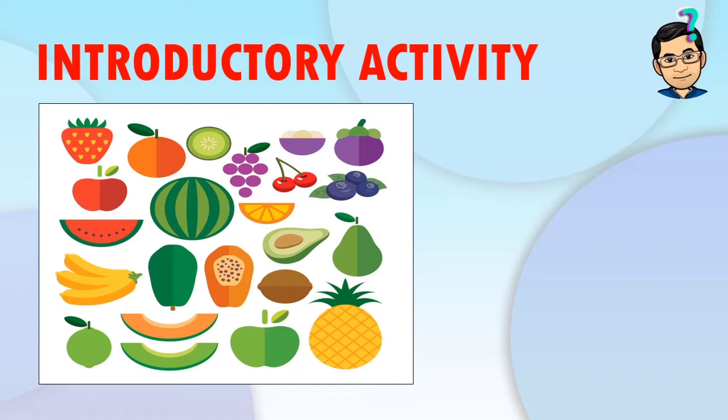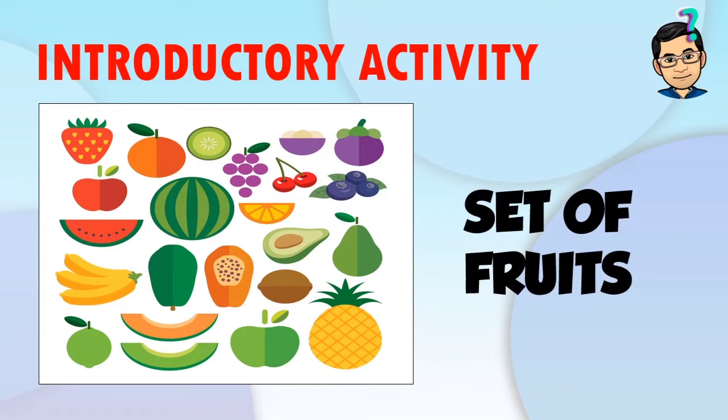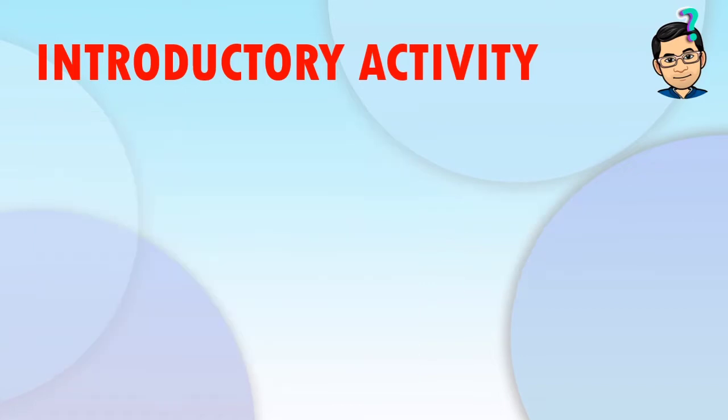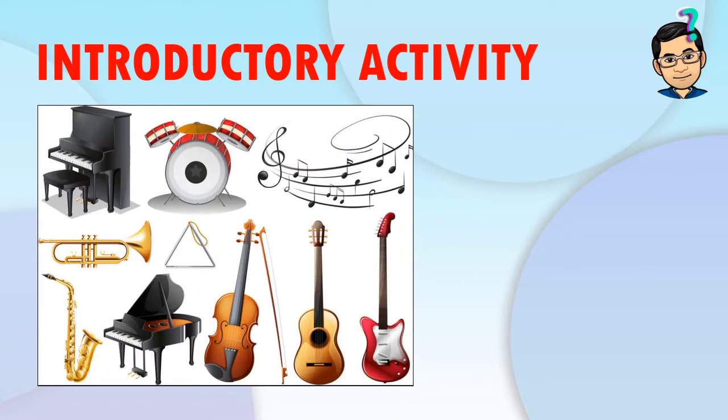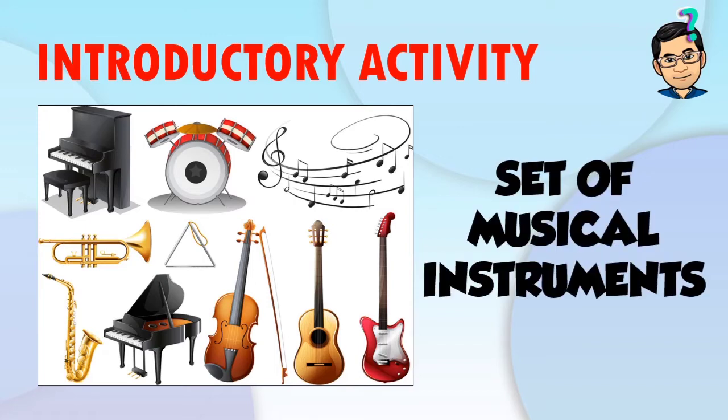So these are what? Of course, these are set of fruits. Next. So for this figure, we have piano, trumpet, guitar, drums. So these are what? Set of musical instruments.